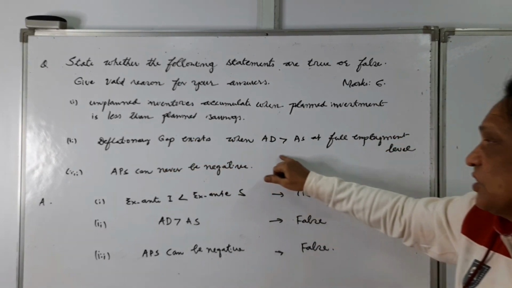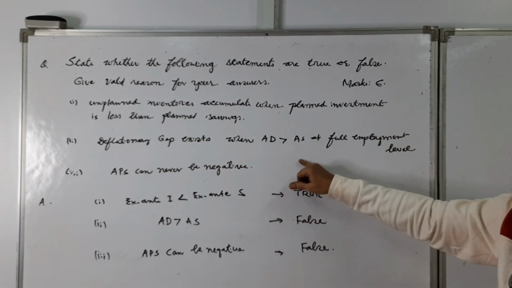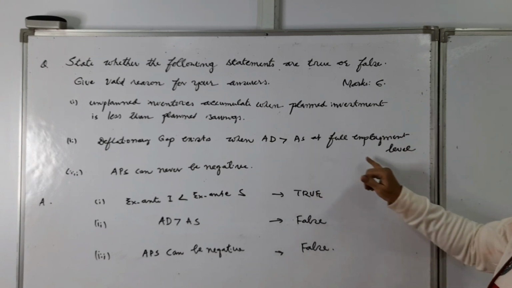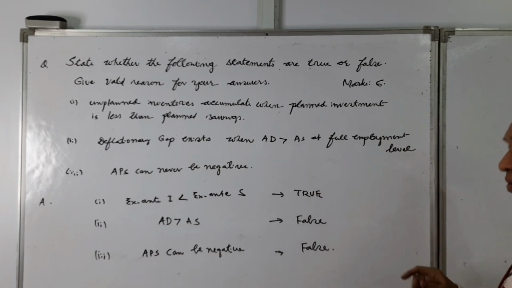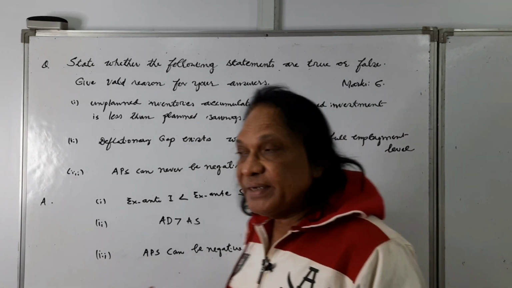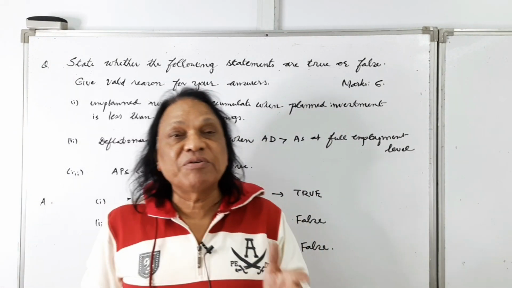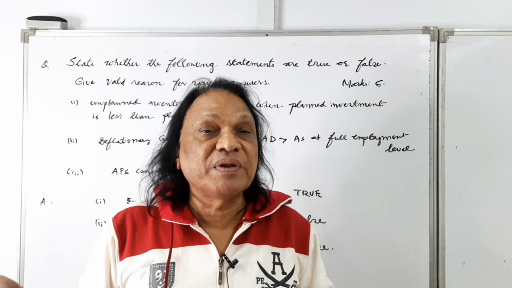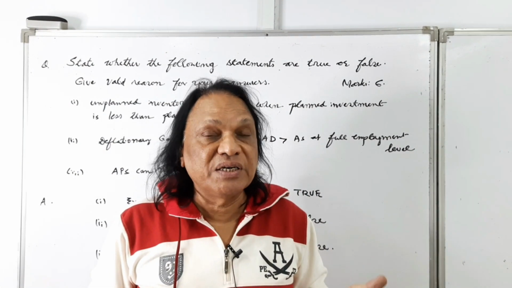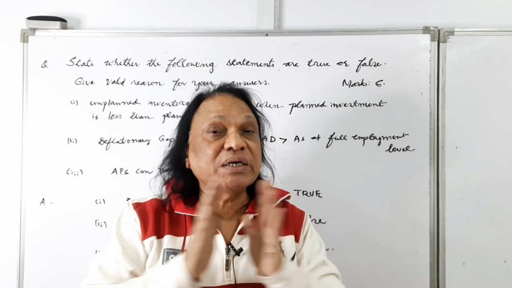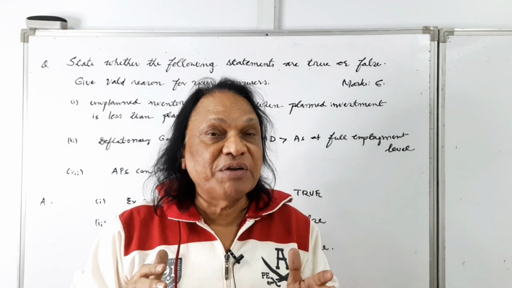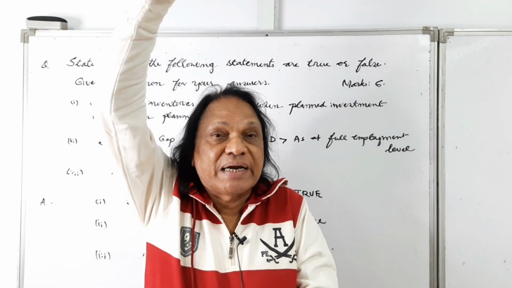Deflationary gap exists when aggregate demand is greater than aggregate supply at full employment level. One is inflationary gap, one is deflationary gap. At the full employment level, if aggregate demand is more than aggregate supply, it leads to inflationary gap, not deflationary gap.